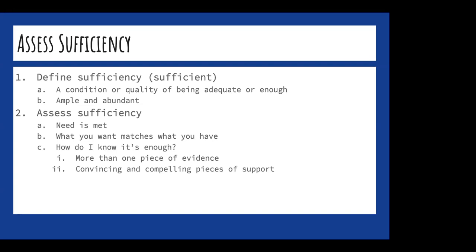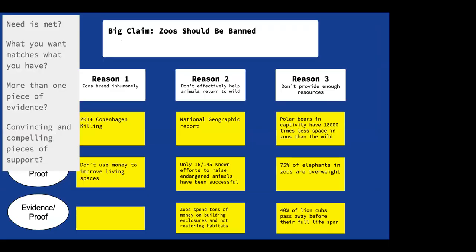And then how do I know? There's more than one piece of evidence that is convincing and compelling. So just at first glance, which reason would you feel does not have sufficient evidence? Reason 1, 2, or 3?